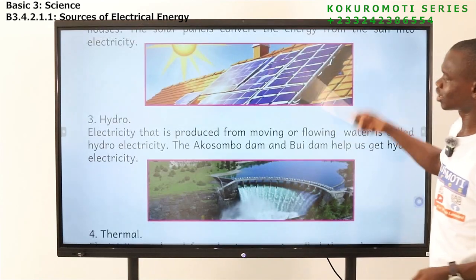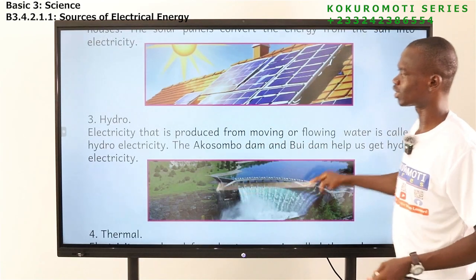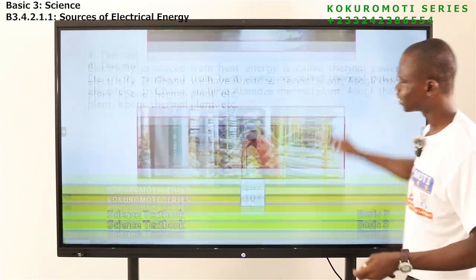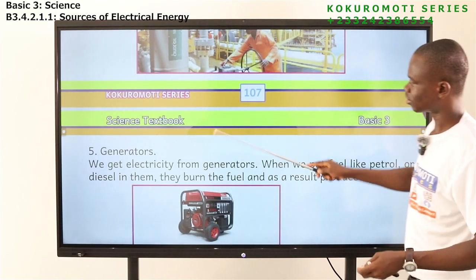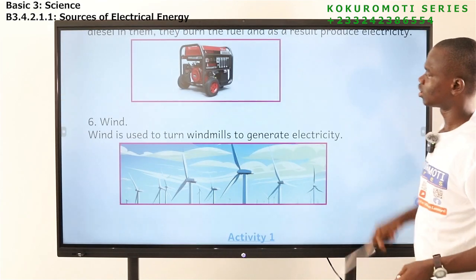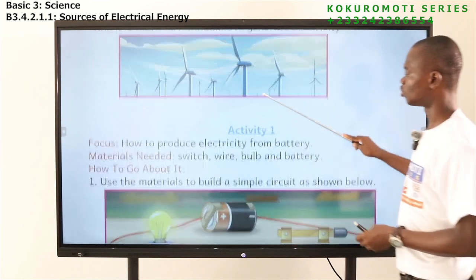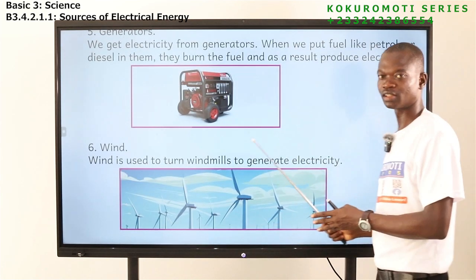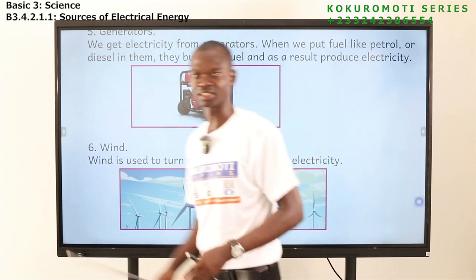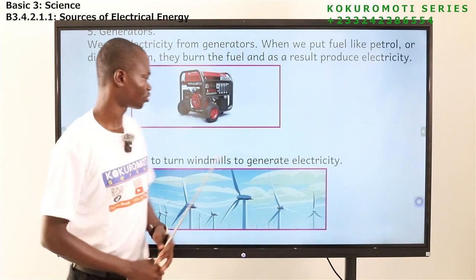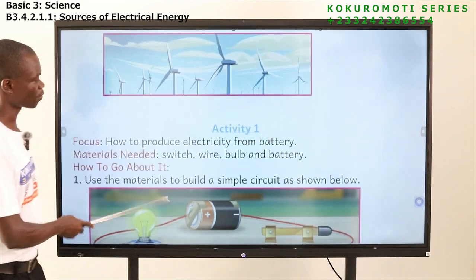Two, solar. Solar means the sun. Hydro means water. Thermal means heat. We use generators to produce electricity, and the wind too is there. So these are some of the sources of electricity.